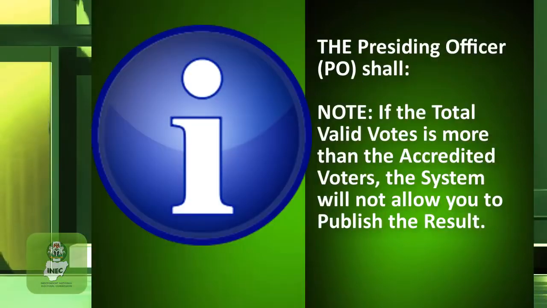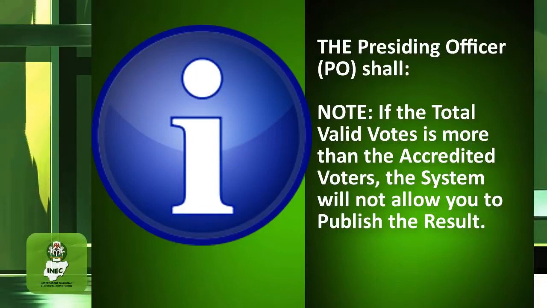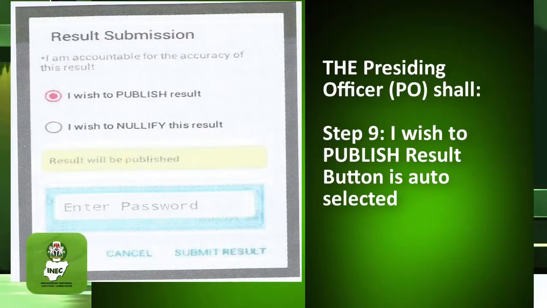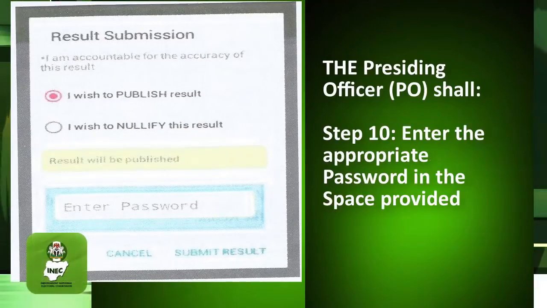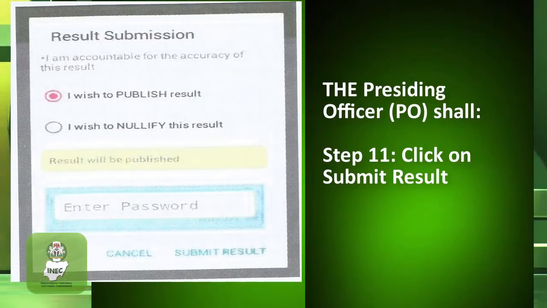Note: if the total valid votes is more than the accredited voters, the system will not allow you to publish the result. Step 9. The "I wish to publish this result" button is auto-selected. Step 10. Enter the appropriate password in the space provided. Step 11. Click on Submit Result.